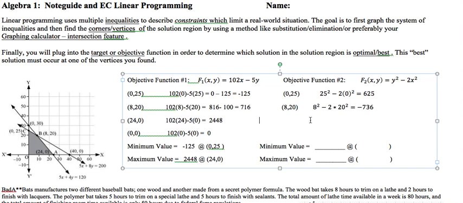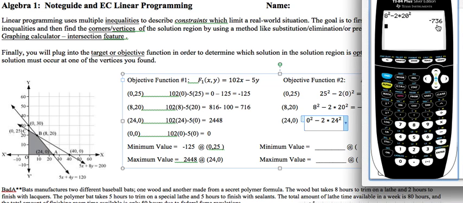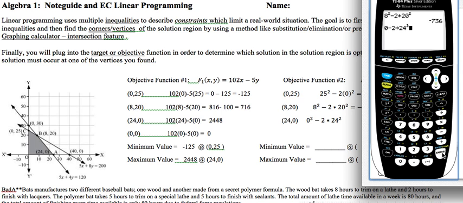And let's see for this one. So this time we're going to check (24, 0), that third vertex. So that's going to be 0 squared minus 2 times 24 squared. So we're going to get 0 minus 2 times 24 squared.